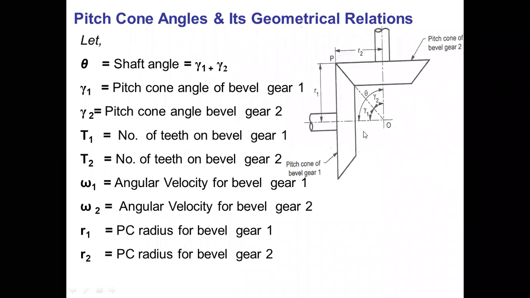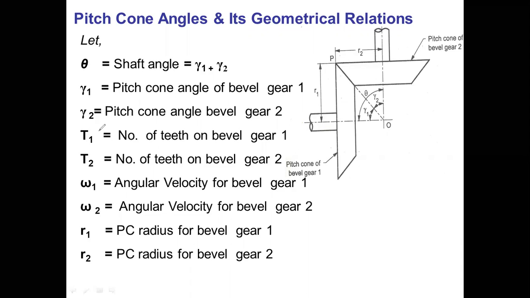See this image. Let theta be the shaft angle. Theta is the summation of gamma 1 plus gamma 2. Gamma 1 is the pitch cone angle for gear 1, and gamma 2 is the pitch cone angle for gear 2.